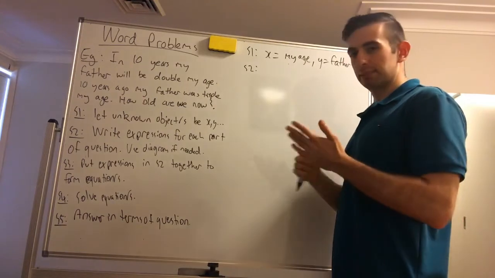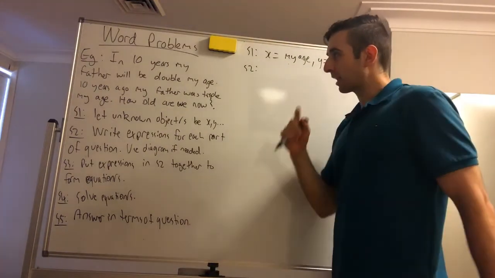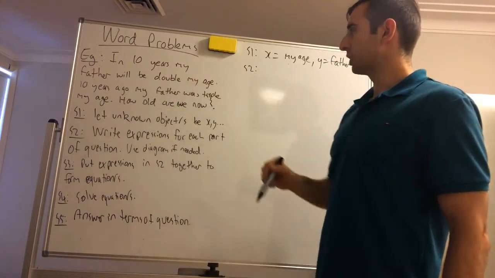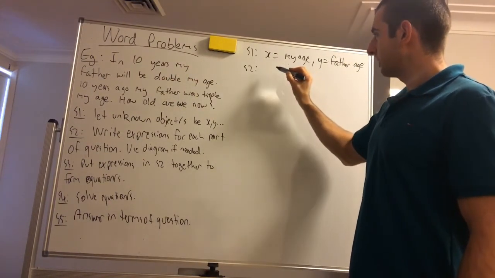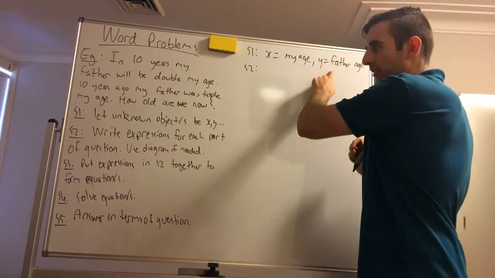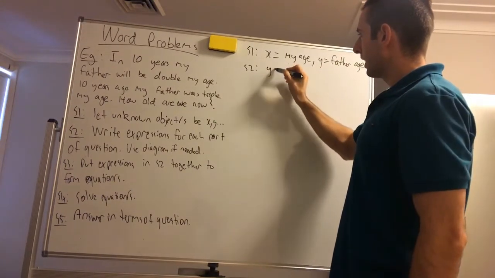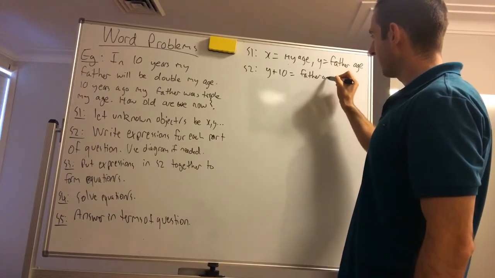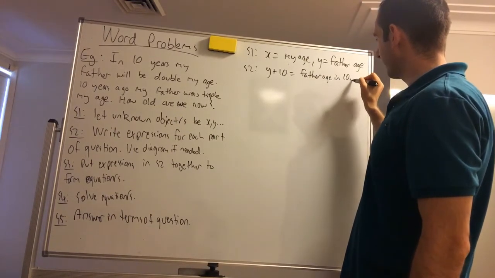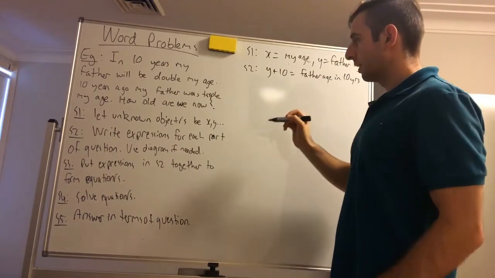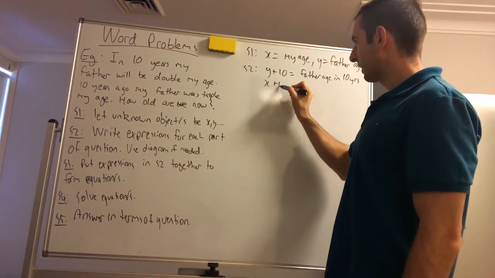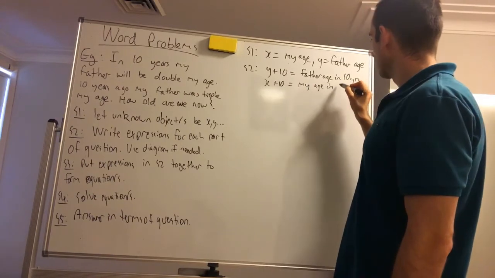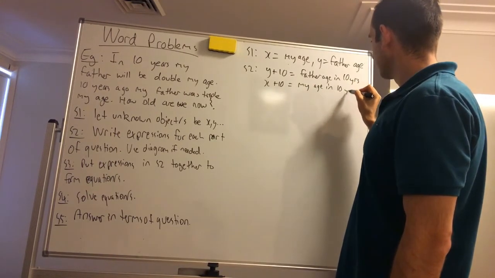Step two. So now we're going to create expressions for what's in that question. In 10 years, my father will be double my age. So if y is the current age of the father, y plus 10 equals father age in 10 years. And then that means x plus 10 will be my age in 10 years.